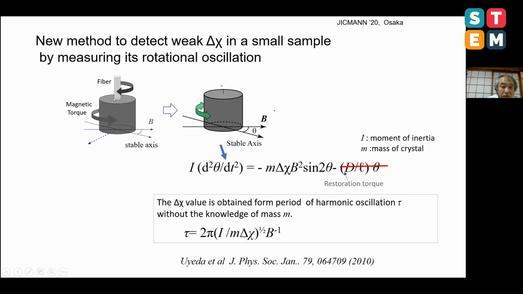And when you have to measure a very small delta chi or a very small sample, the magnetic torque is very small, so this doesn't work. So we considered another system. We simply deleted the fiber from the system and actually released the sample in an area of homogeneous field using microgravity.